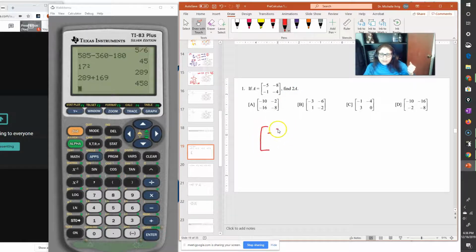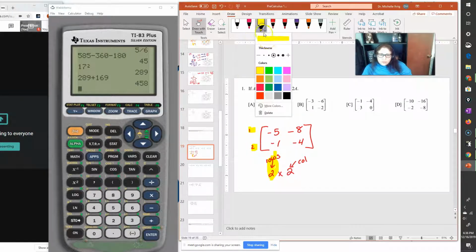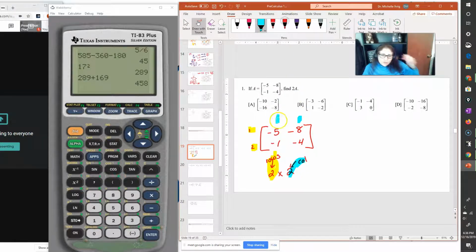Now, when we have this matrix, this is called a 2 by 2. And it's called a 2 by 2 because there's 2 rows, 1, 2, and there's 2 columns. Okay, so that is why it's called a 2 by 2.